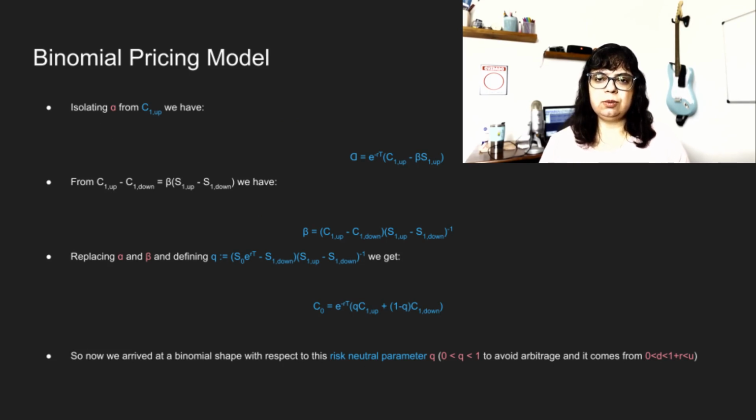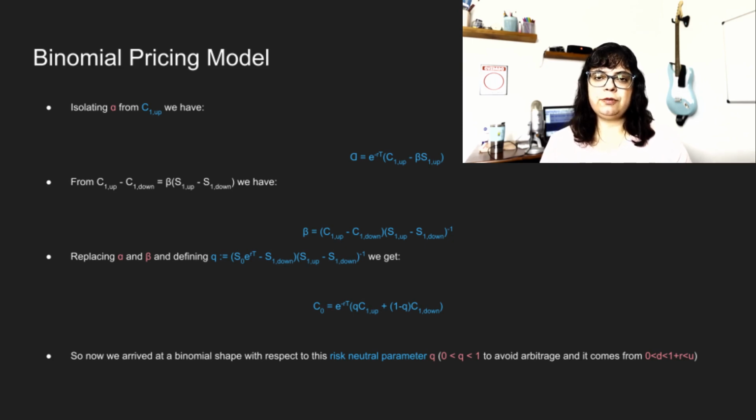Okay, now we are going to do some mathematics manipulation here. After isolating alpha from the call option in one direction that we are calling the direction up, we have that alpha can be written the way you can see on the screen.